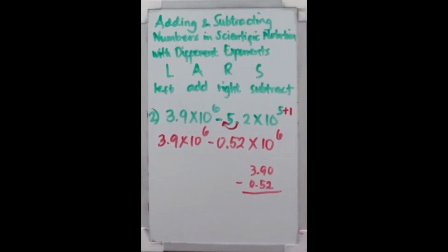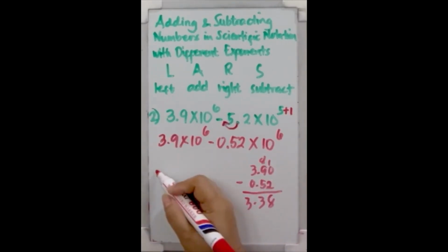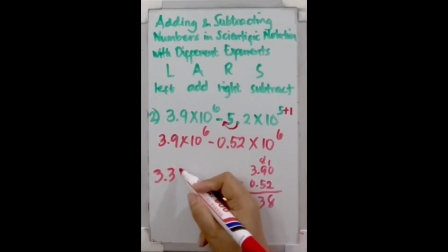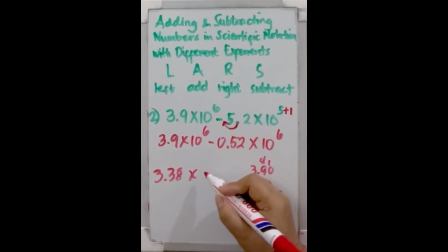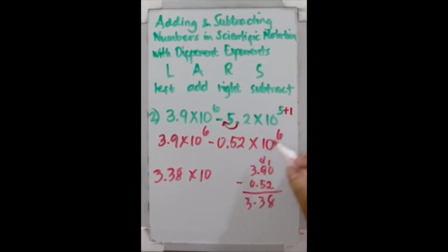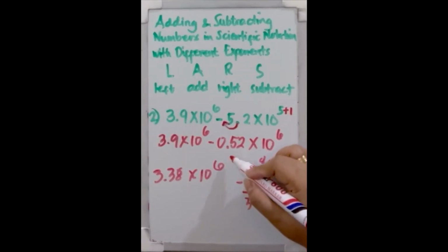Okay, so subtract. This will become 10. This will become 8. 10 minus 2 is 8. 8 minus 5 is 3. And then 3 minus 0, 3. So our answer is 3.38 times 10 raised to the power of 6.